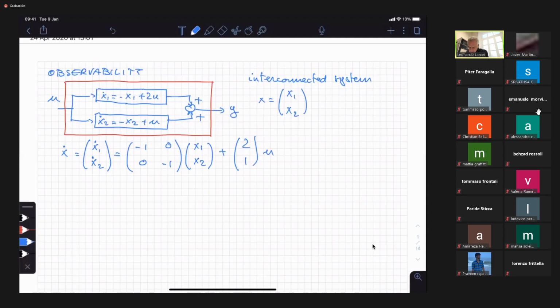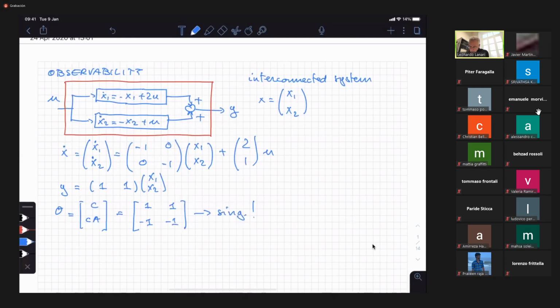And in this parallel interconnection, we would have y equal 1, 1, times x1, x2. And when we compute the observability matrix, C, CA, we would obtain 1, 1, this is C, and then minus 1, minus 1. Clearly singular.